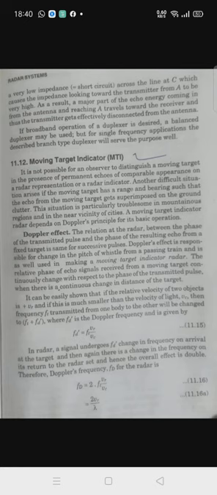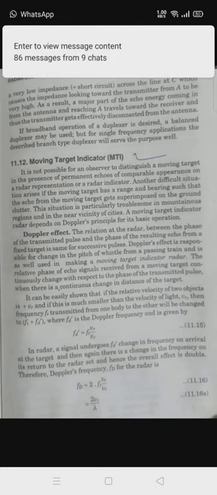The moving target indicator uses the Doppler effect. So before that we have to study what is the Doppler effect. The Doppler effect is responsible for the change in the pitch of the whistle from a passing train, as well as for making a moving target indicator radar.